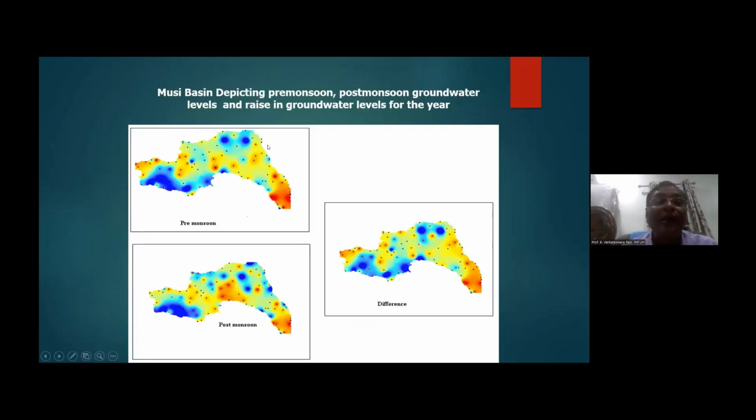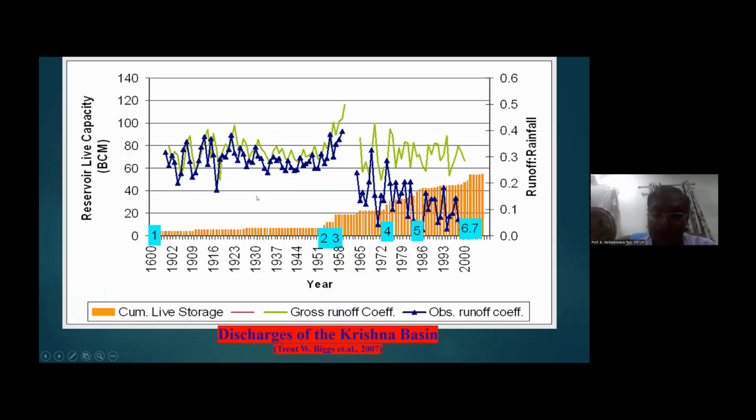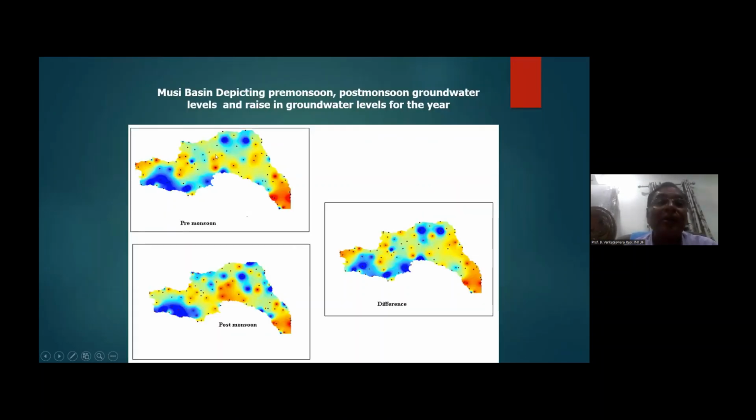For the entire Musi we have done such an exercise too. You can see some of these hotspots. Actually, these colors are reversed: the cool color indicates deeper groundwater levels. We calculated the difference between the pre-monsoon level and the post-monsoon level.